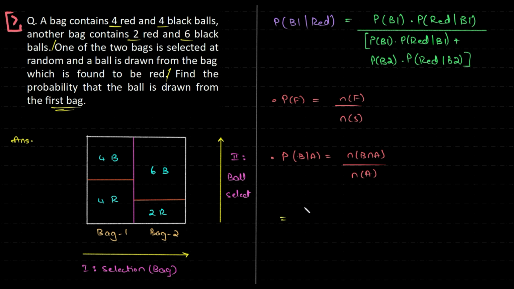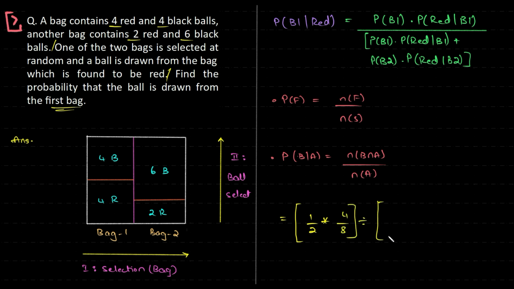So in the numerator, we have B1 is half. I'll go with fraction itself. 1 by 2 into probability of red in B1. Red in B1 is 4 by 8. Again half.